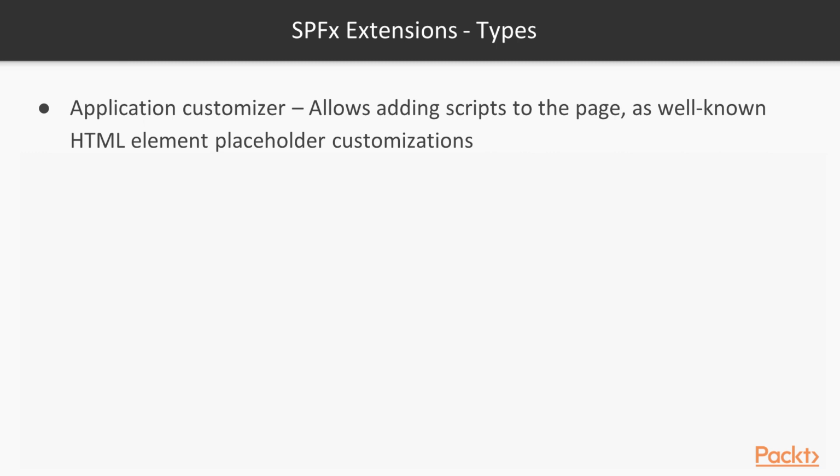These well-known HTML element placeholders are set to endure all the upgrades of the upcoming SharePoint roadmap. This means that you can code once and potentially have your code available for further SharePoint versions, or at least SharePoint Framework developers claim that to be true.